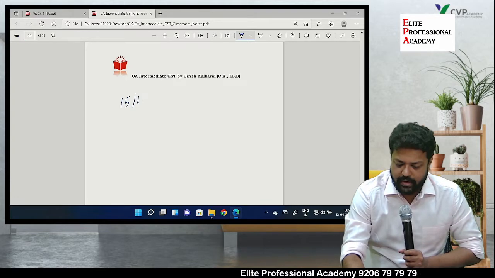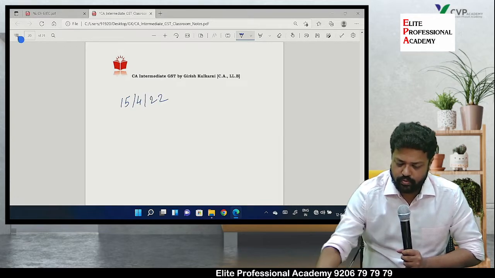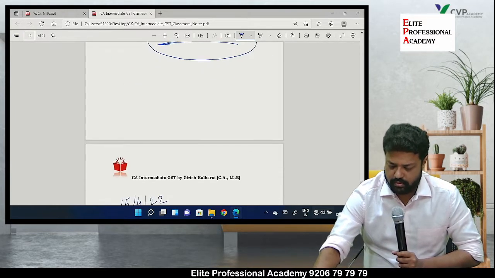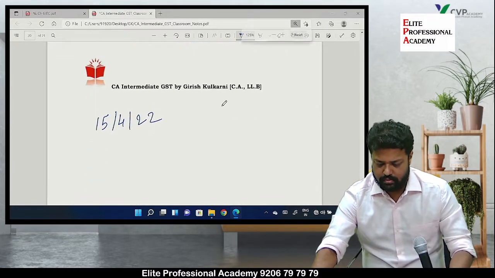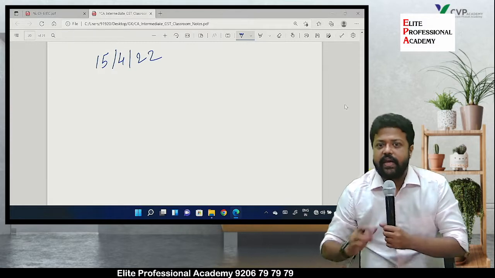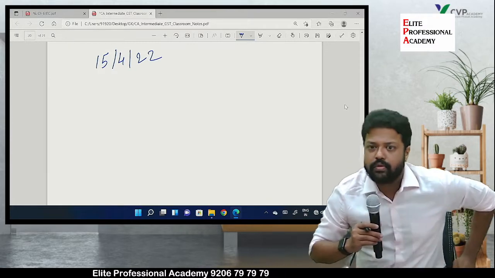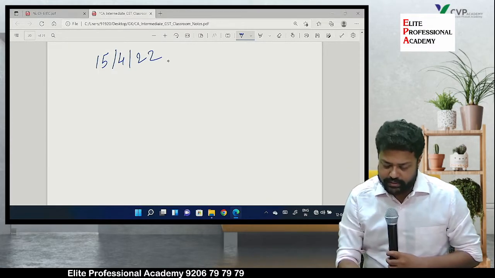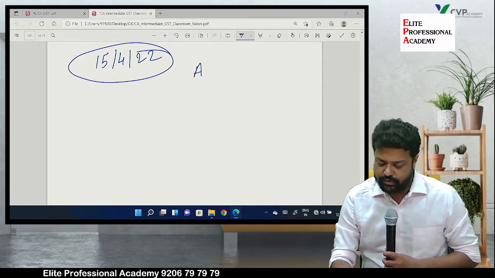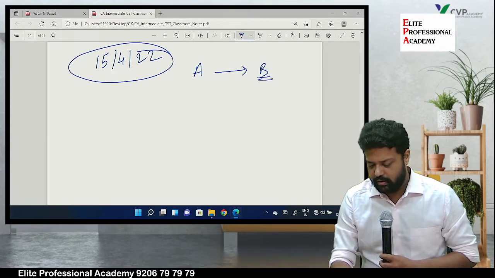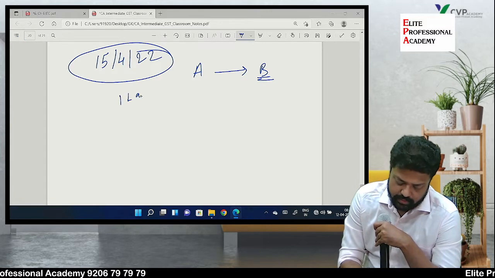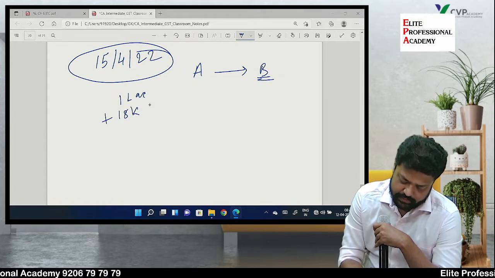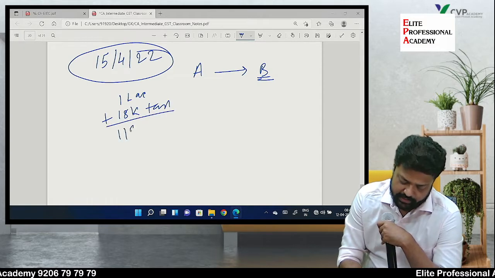So for example, write the date 15th April 2022. On this date, A sells goods to B worth rupees 1 lakh plus 18,000 tax, 1,18,000.